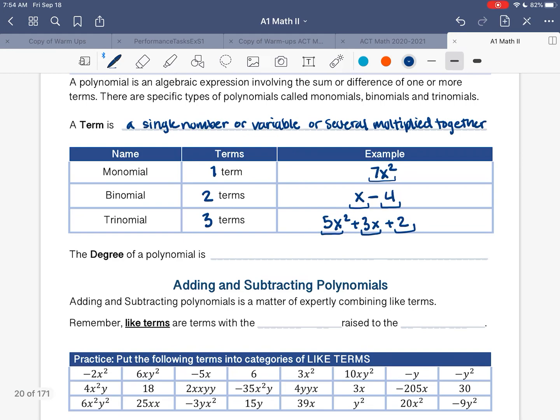Another important definition is the degree of a polynomial, and the degree of a polynomial is the highest power that the polynomial contains.